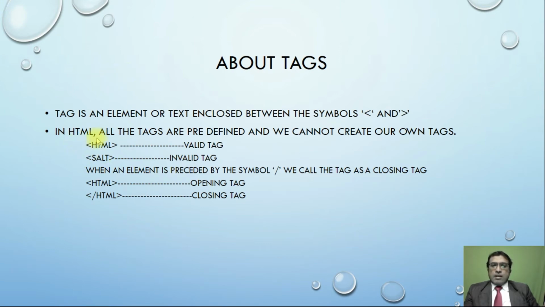For example, html is a valid tag. Salt in between the less than symbol and greater than symbol is an invalid tag. When an element is preceded by a slash, we call that tag a closing tag. So you can see this html is an opening tag, and when there is a slash before html, it is a closing tag.